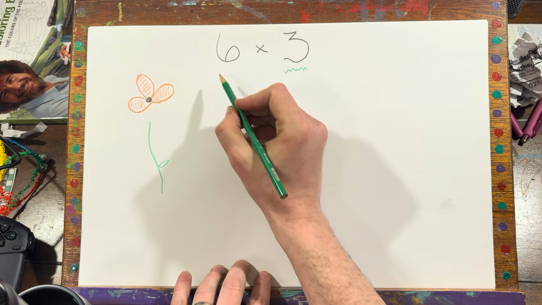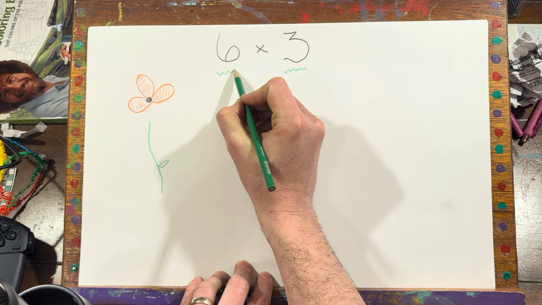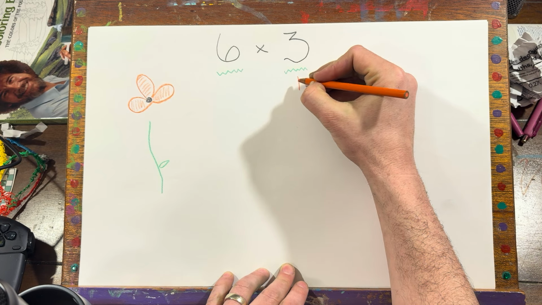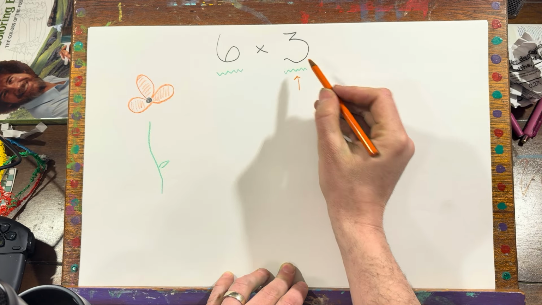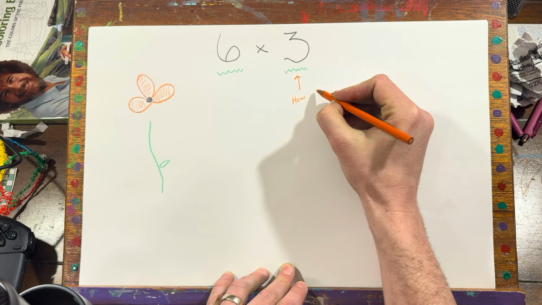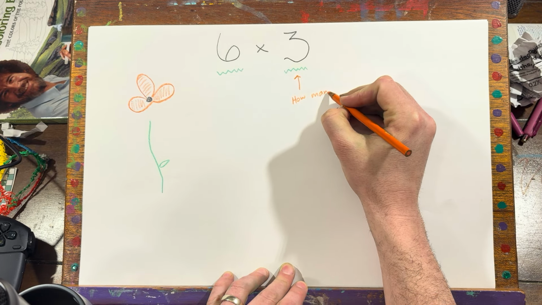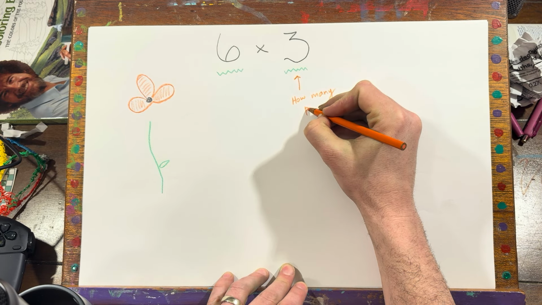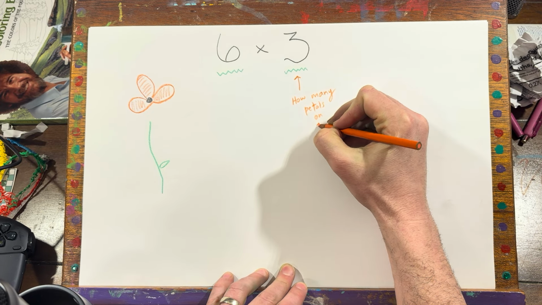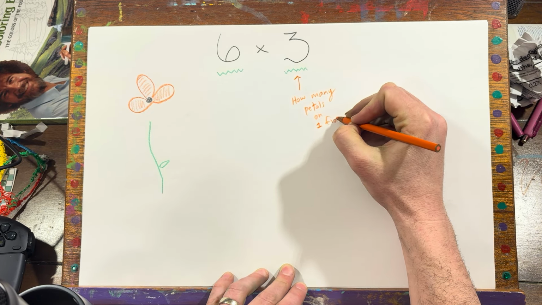Now I can look at my first number here, and that's going to tell me the number of flowers that I'm going to draw. This second number, in this example 3, told me how many petals on 1 flower.